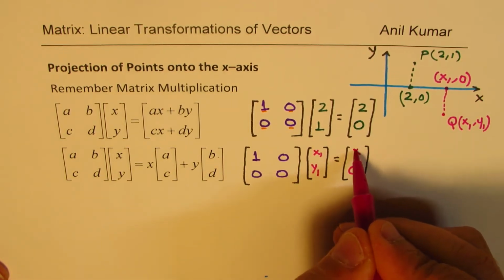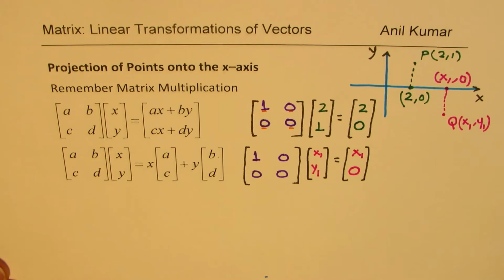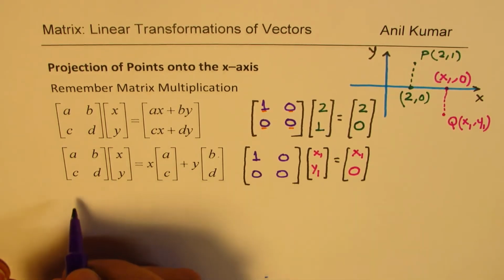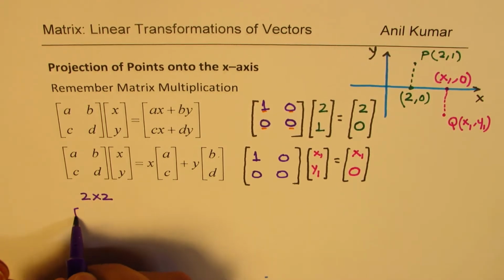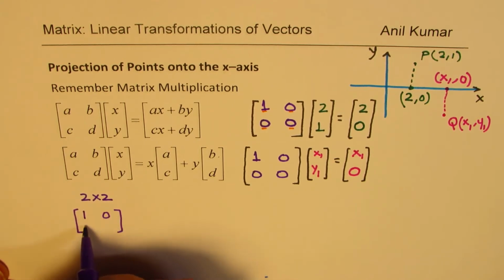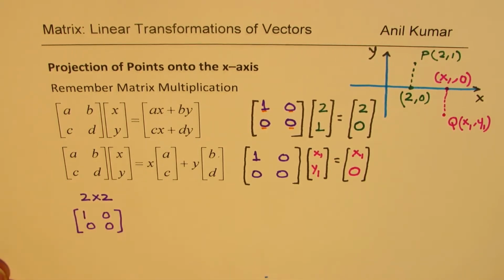So we do get x1 here. You get it. So this 2 by 2 matrix which we just developed, which is basically 1, 0, 0, 0, helps us for a vertical projection onto the x-axis.